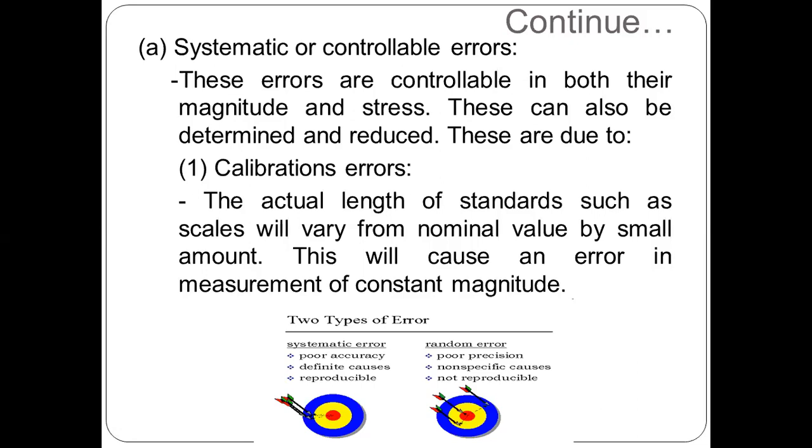The first source is calibration. The actual length of standards such as a scale will vary from the nominal value by a small amount. This will cause an error in the measurement of constant magnitude. Calibration error means that if your measuring instrument is not calibrated properly, your measurement is also wrong in that manner.